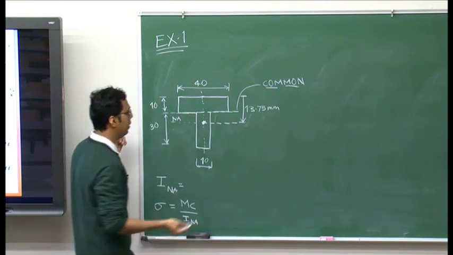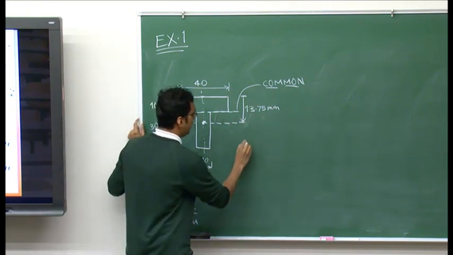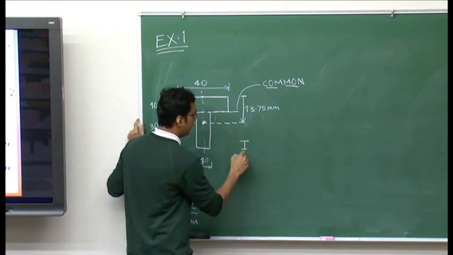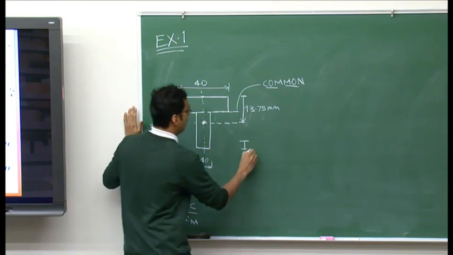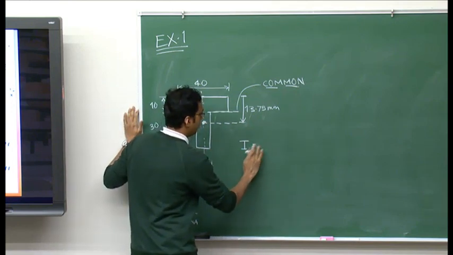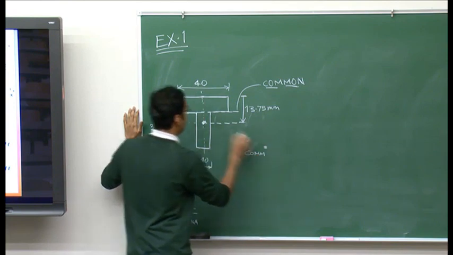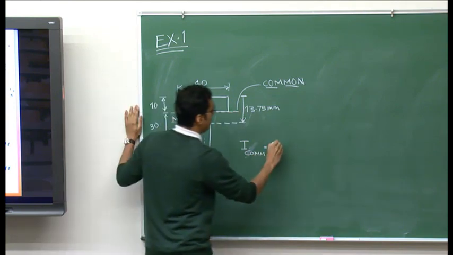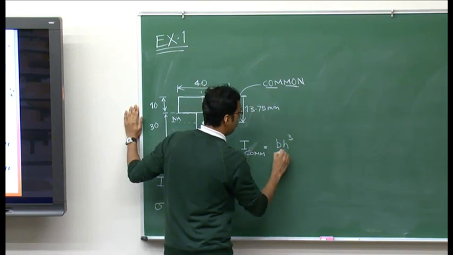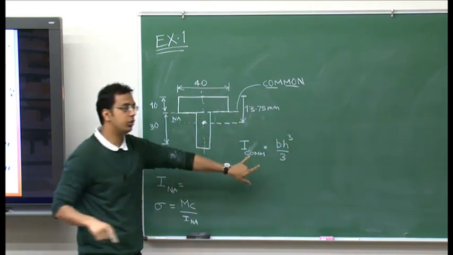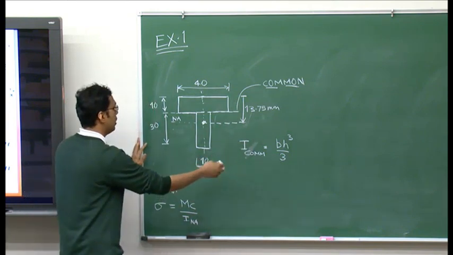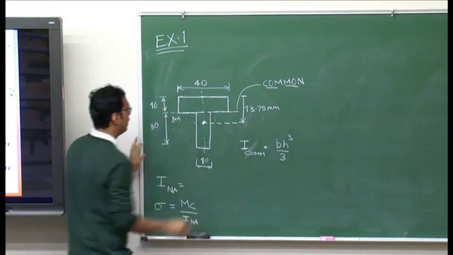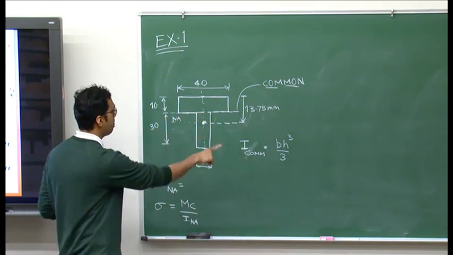And since these are rectangular shapes, which are standard shapes, we know that for a rectangle, moment of inertia about its base, which is this common edge, is given by b h cube over 3. If you don't know this formula, it is given in the textbook, because this is the standard formula for moment of inertia of a rectangle about its base.